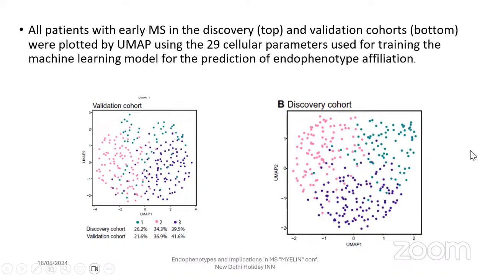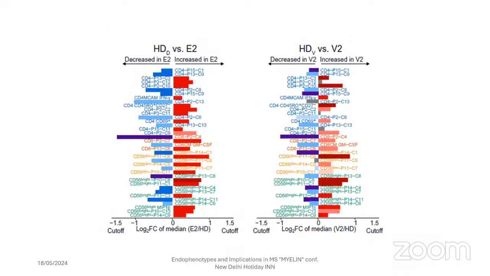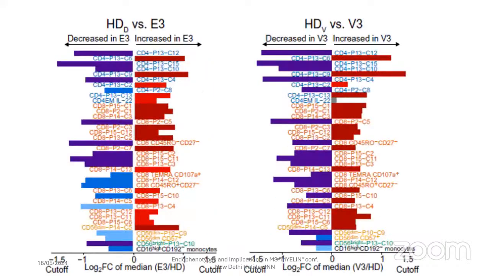The B is the discovery cohort. You can see various colors which will divide all the endophenotypes into E1, E2, and E3. And why should we divide? And these are the graphs which show that there are differences between healthy donors and the endophenotypes, E1, E2, and E3.